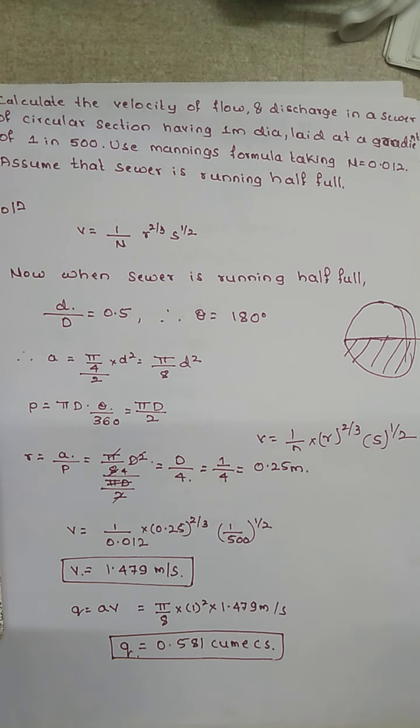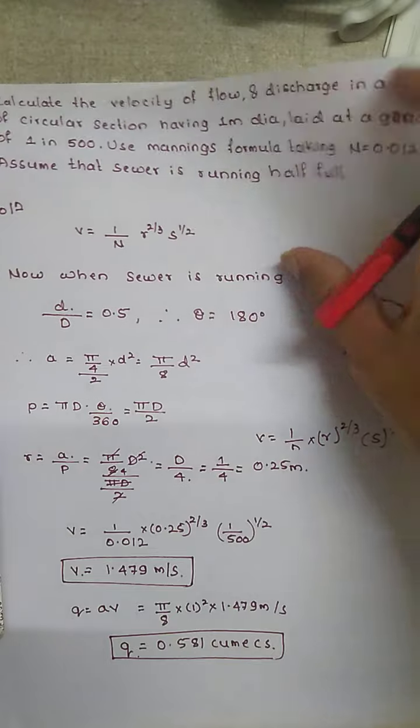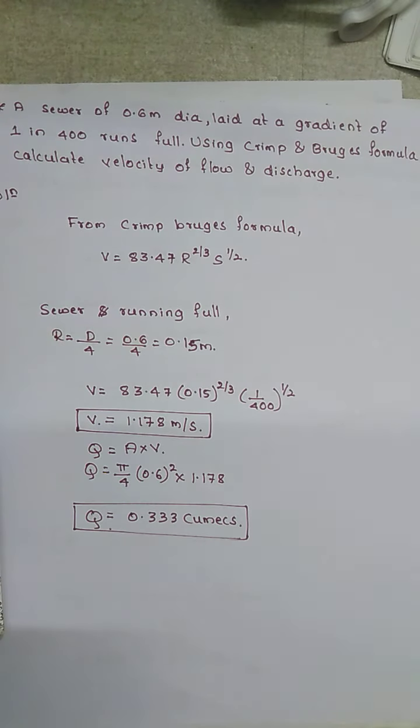First we are going to solve very simple types of problems, either for partially full or half full condition. And then later we are going to develop a relation between the flow, the proportional depth, the proportional area and all. By using those formulas again we are going to solve some different problems. Initially we are going to solve very simple kind of problems.